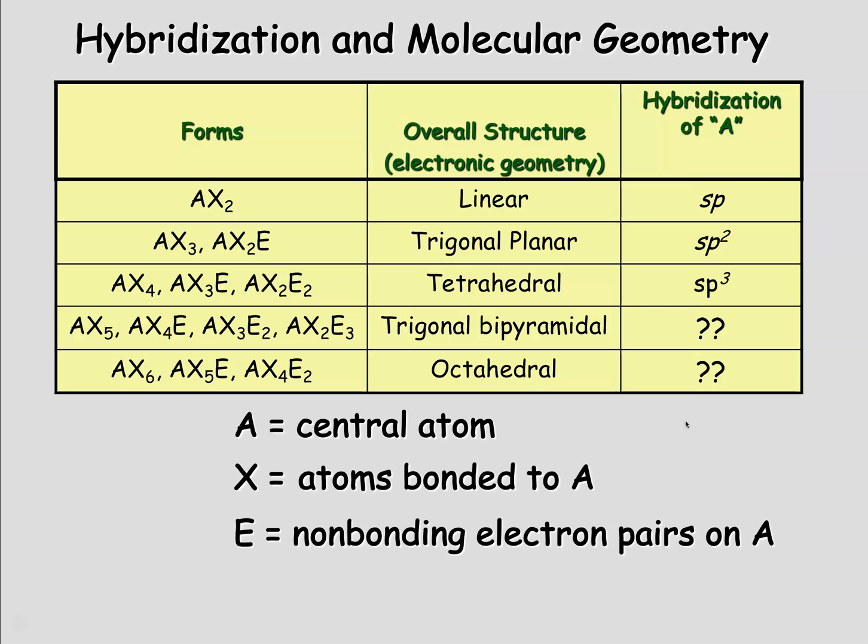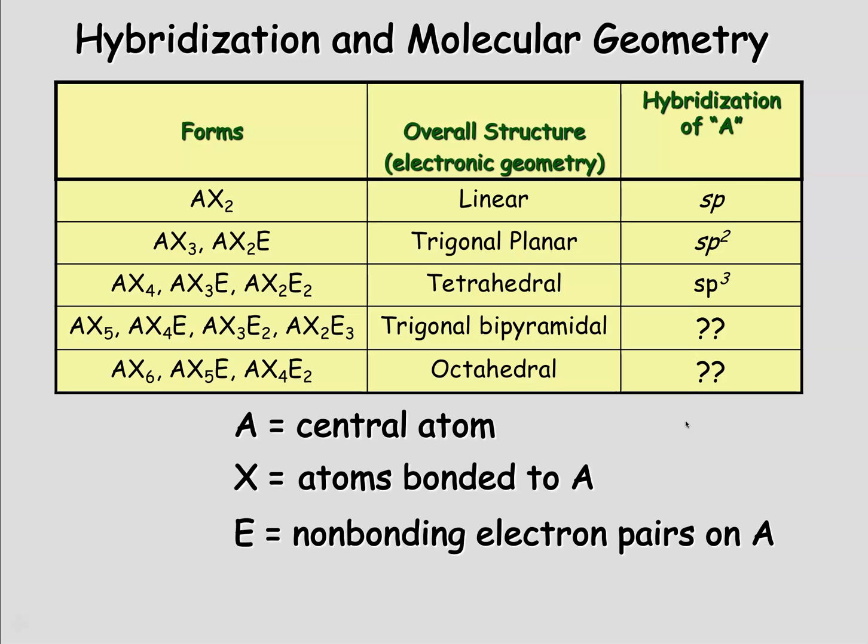AX3 is three things bonded to the central atom. Hybridization is sp2. 1 s plus 2 p equals 3. Hopefully you're picking up on the theme: the hybridization matches the steric number.